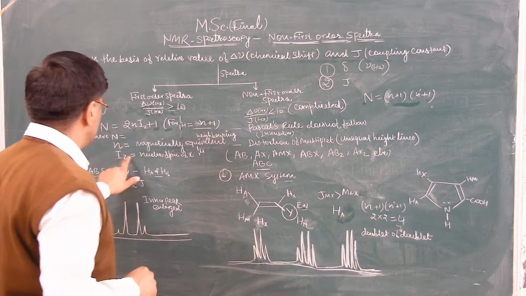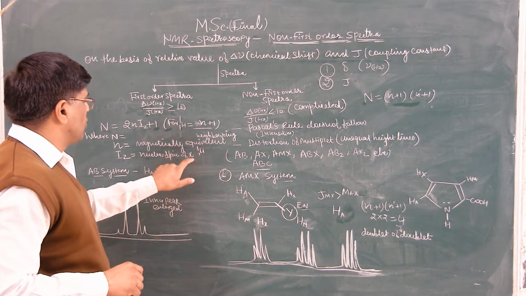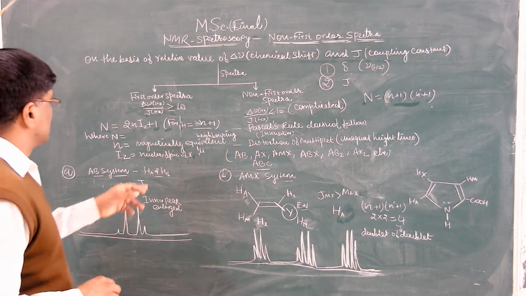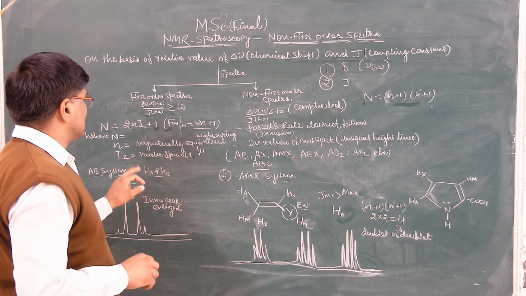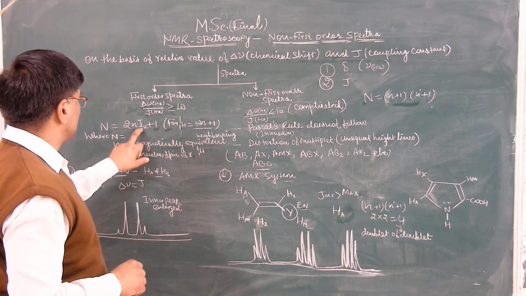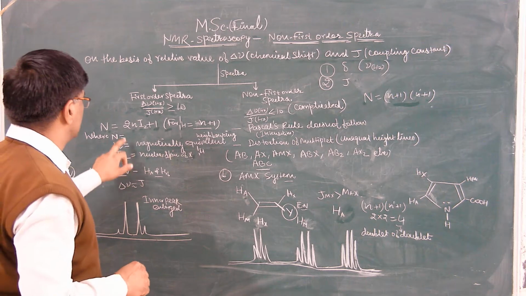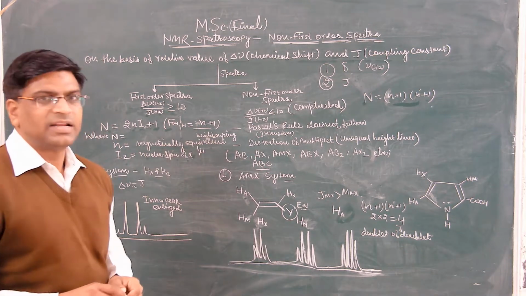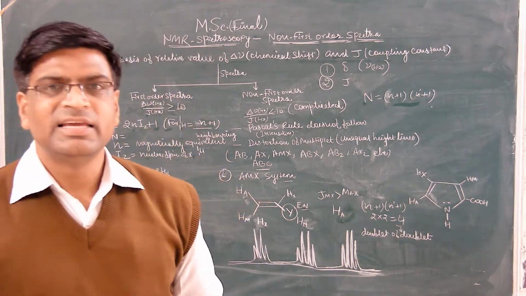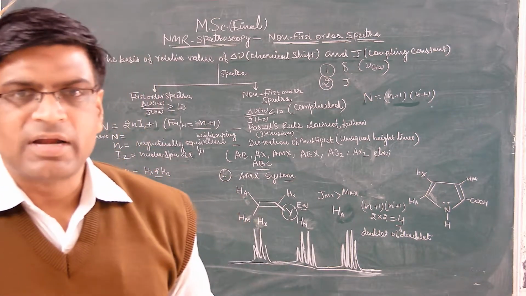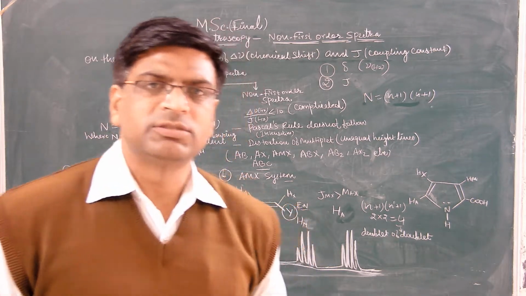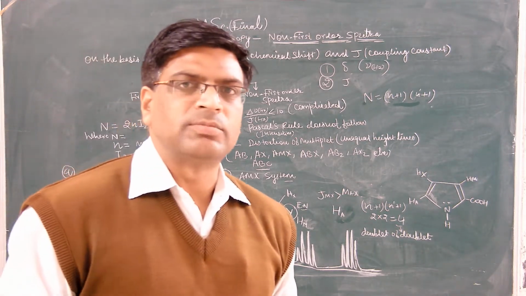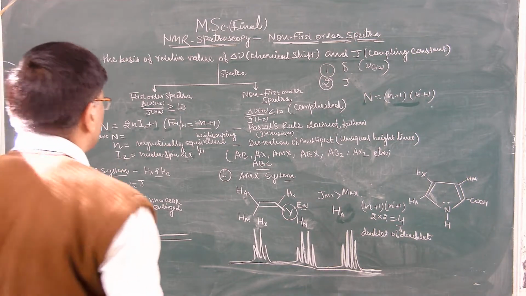Iz is the nuclear spin of proton X. For example, the Iz value of a proton is half, and by putting the value of Iz in this equation, we get 2n into half plus 1, that is n plus 1, where n is the number of magnetically equivalent protons surrounding a particular type of proton for which we are going to calculate the splitting of the signal.